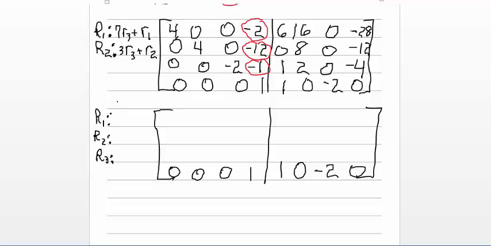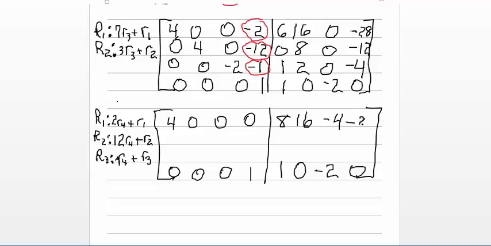And we're going to get a new row 1 by multiplying 2 times row 4 and adding that to our previous row 1. We're going to multiply 12 by the previous row 4 and add that to row 2 to get a new row 2. And to get a new row 3, we're going to add row 4 from the previous matrix to row 3.